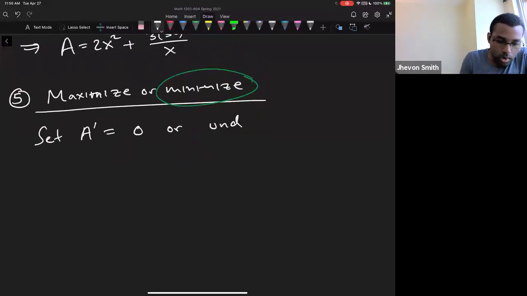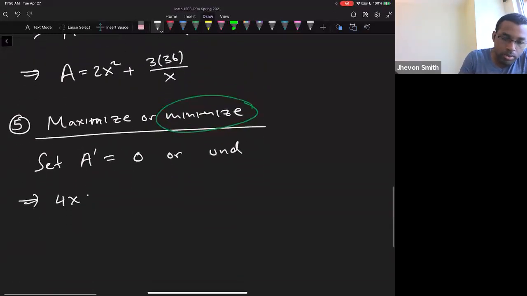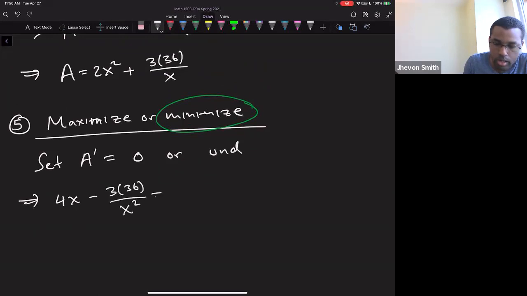So this is going to be 4x. The derivative of 1 over x is minus 1 over x squared. Remember that. So this is minus this constant over x squared equals 0 or undefined.